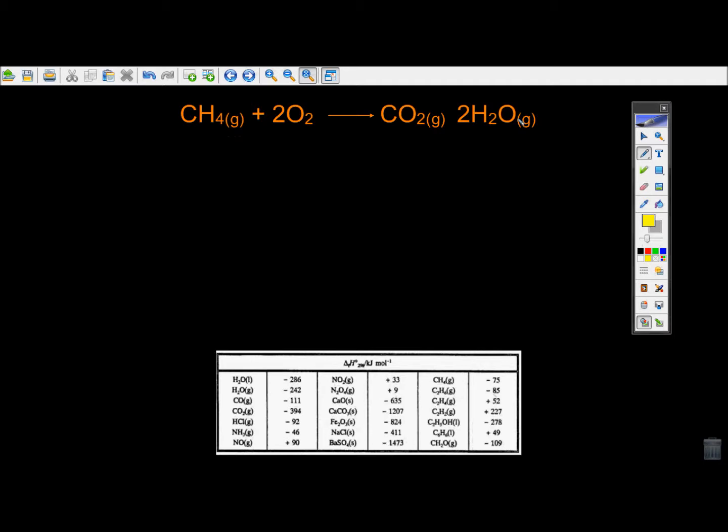We've got a combustion reaction here. You might be able to guess already what kind of reaction we're going to have. It's going to be the same equation to use, products minus reactants.